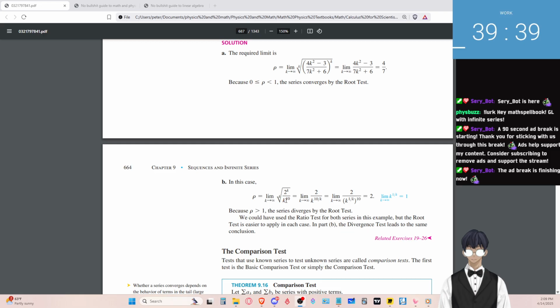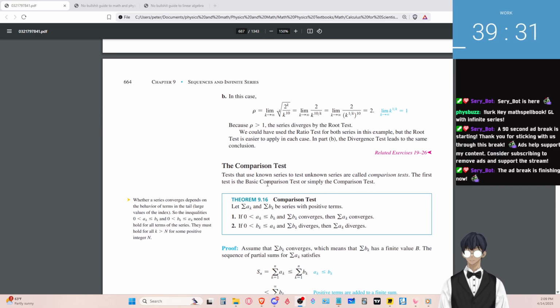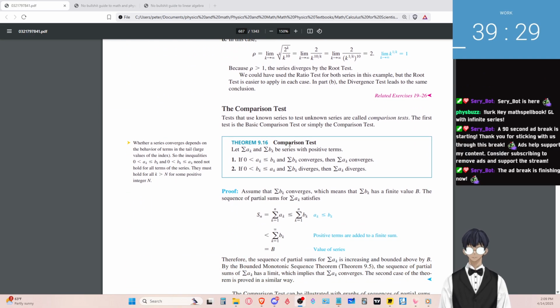Okay, the comparison test. Here we go. Comparison test: let sigma a_k and sigma b_k be series with positive terms.